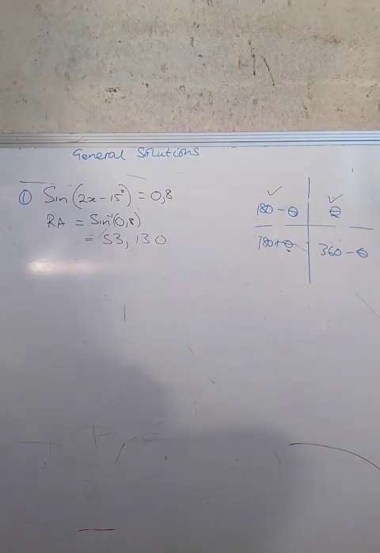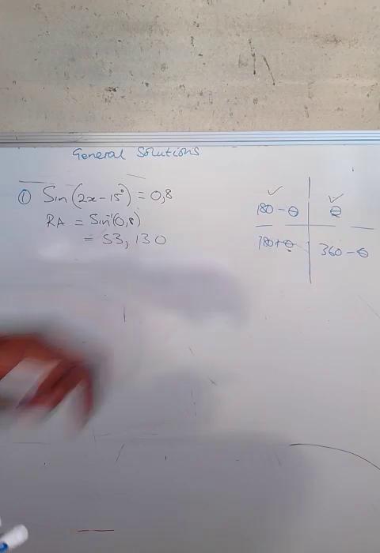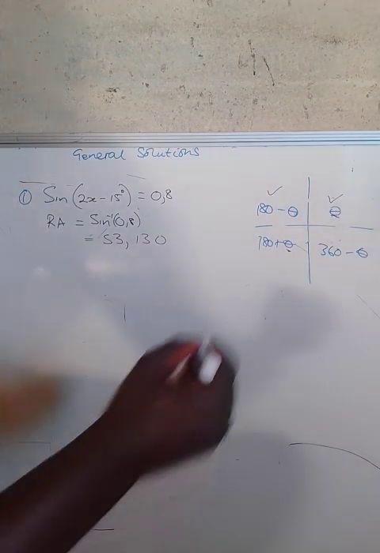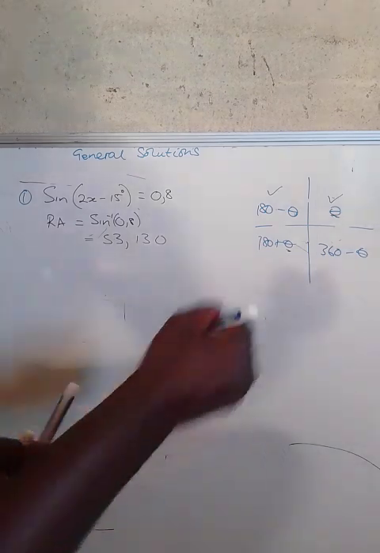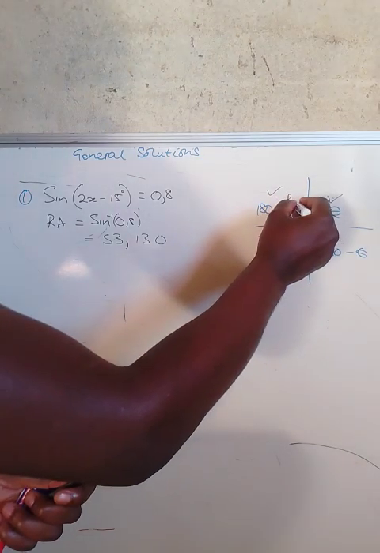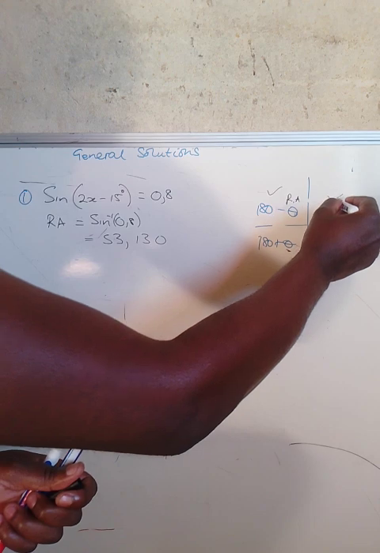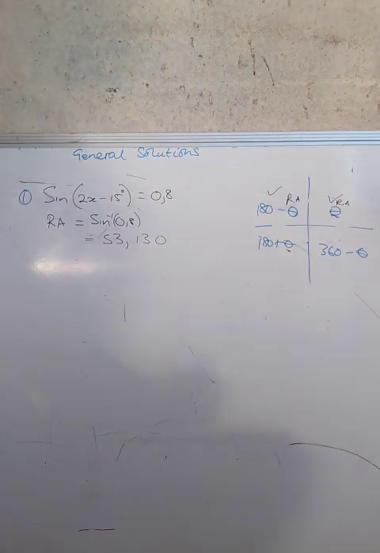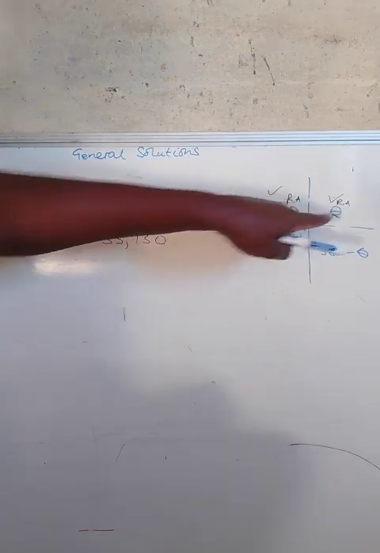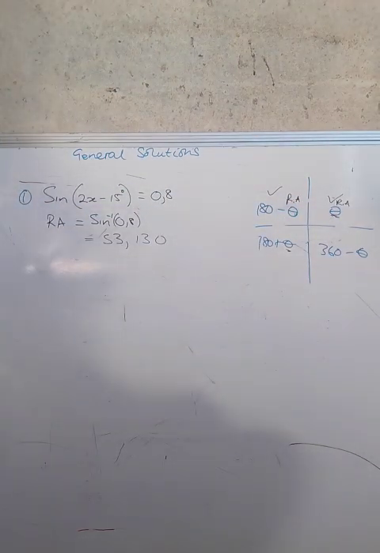So what do we do? Whatever is in the first quadrant, our theta, we are going to replace our theta with the reference angle, then we add 360k.